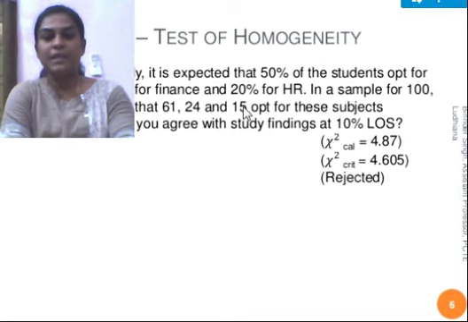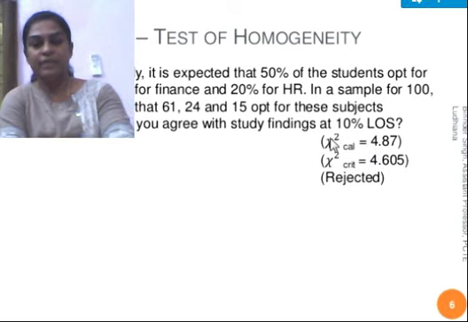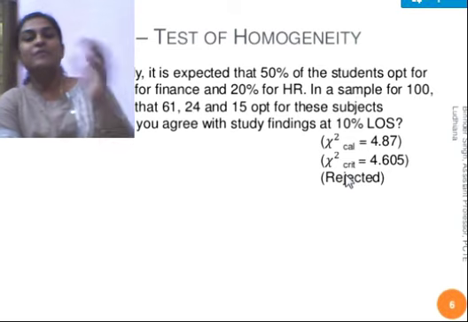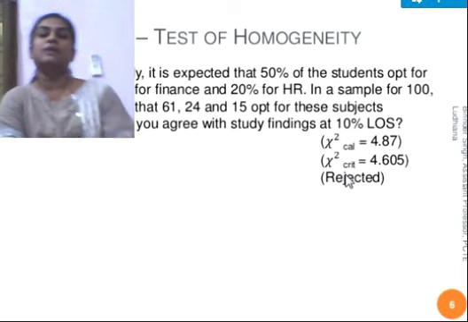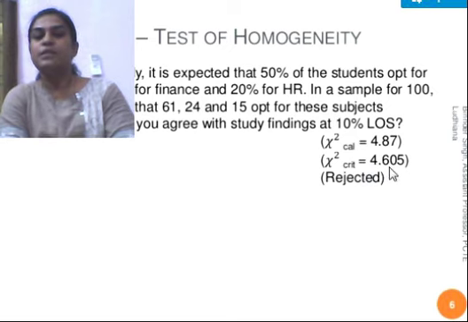After calculations, the chi-square calculated value is 4.87. Dear friends, I request you all to calculate this by using the procedure I explained. Now we have to compare this value with the table value, the chi-square critical value, that is 4.605.